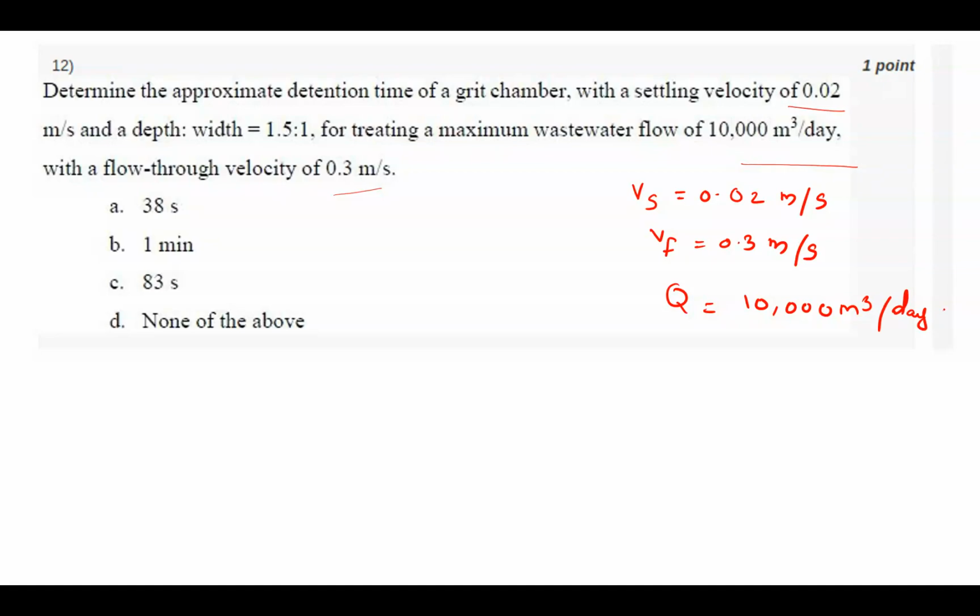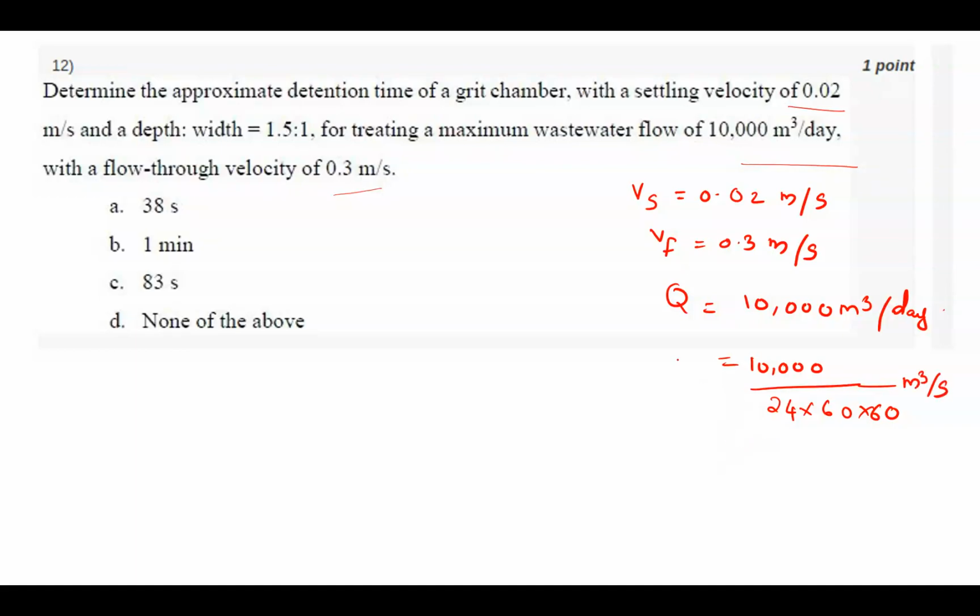First you have to convert this into meter cube per second. How do you convert 10,000 meter cube per day? Day means you have to convert into seconds: 24 hours, 60 minutes and 60 seconds. You convert into meter cube per second.